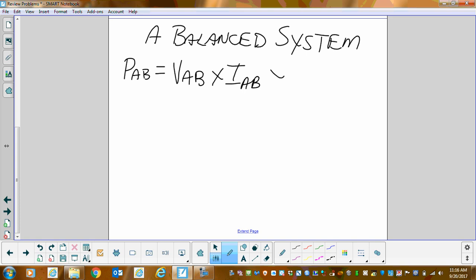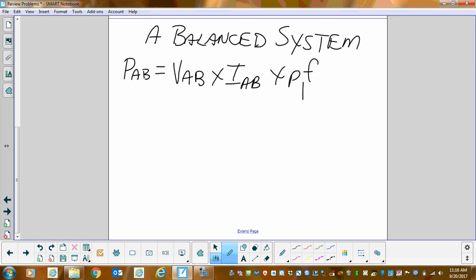Now, what about power factor? Don't forget that. Is that important here on this particular question? No, why not? We're in phase. What is the cosine of 0 degrees? 1. So we're going to be multiplying everything by 1.